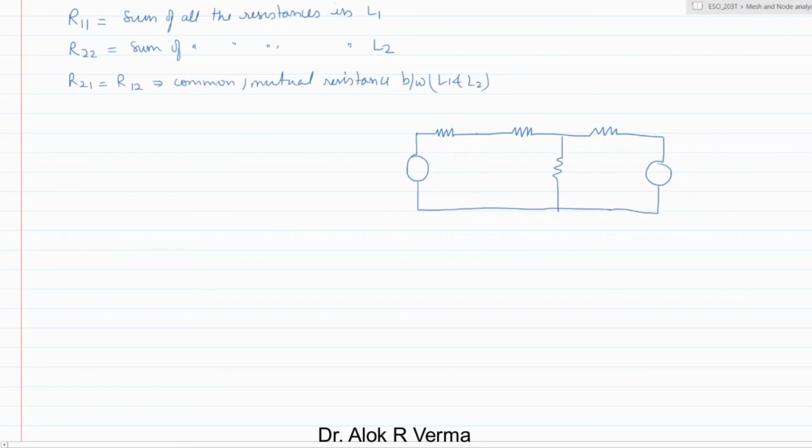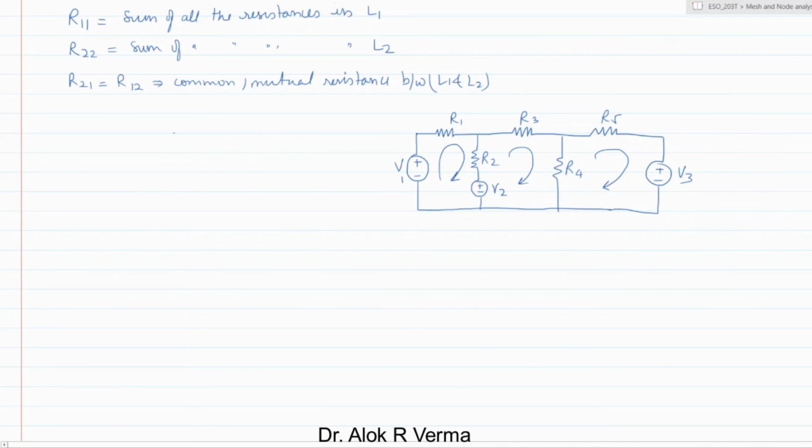Let us remove this one source here. So we have R1, R2, R3, R4, R5. This is V1, this is V2, and this is V3. So assume current directions 1, 2, 3. Okay, so this is the current direction.